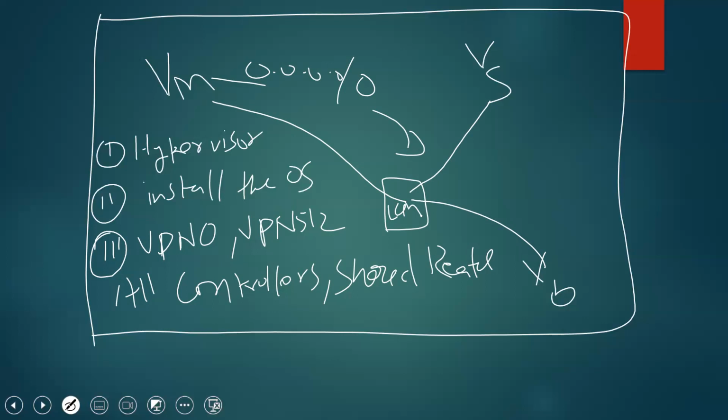Okay, so step one is that you need the hypervisors, you need to install the OS, you need to define VPN 0, VPN 512 IP addresses and all, and you have to do the basic IP routing configurations. And then finally you have to install the certificate.